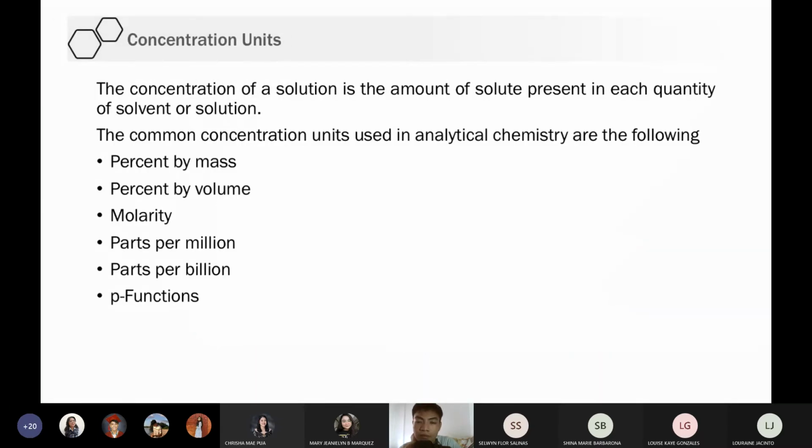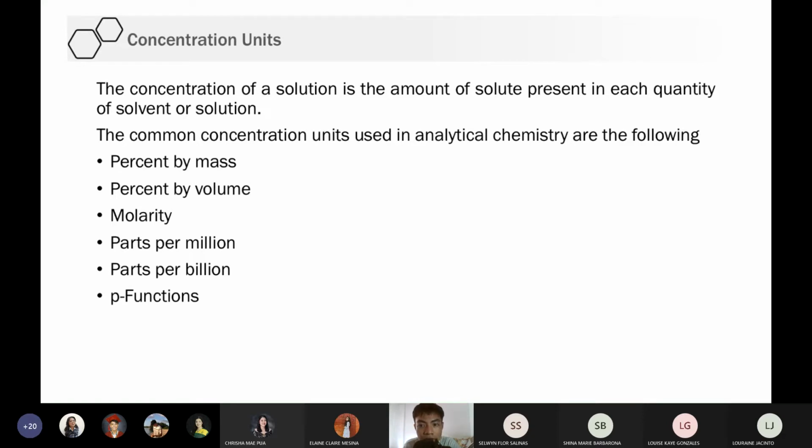Okay. So, tapos na tayo sa qualitative part, no? So, now, let's proceed with the quantitative part. Calculation tayo. Okay, so depending on the amounts of your solute in your solution, meron tayong corresponding concentration units for that. So what are concentration units?